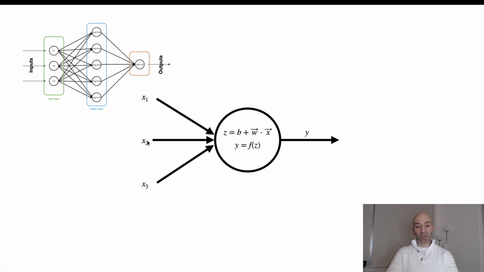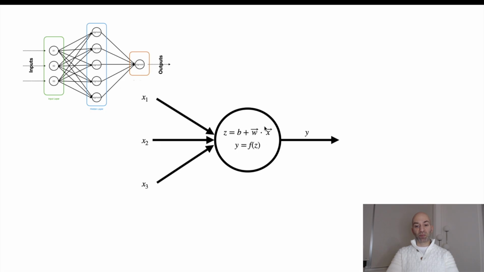So we have a series of inputs to this neuron, and that's labeled here as X1, X2, and X3. And within the neuron itself, we have a 2-step calculation taking place. The first step is to compute this value called Z. And Z is simply a linear combination of our inputs, and our inputs here are represented by this vector X. X just is a vector that has the elements X1, X2, and X3.